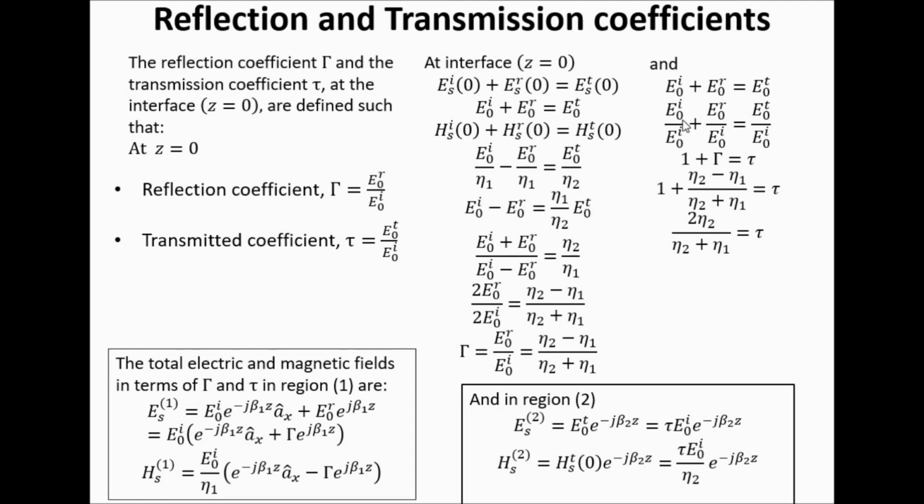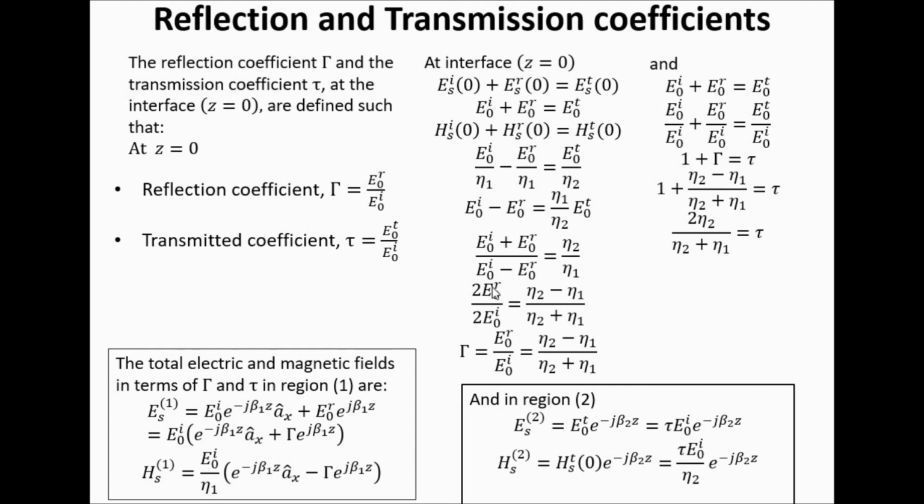So E0T is basically E0I plus E0R that we got here. So we replace E0T with E0I plus E0R. And this one is E0I minus E0R, and we write it like eta 2 minus eta 1.